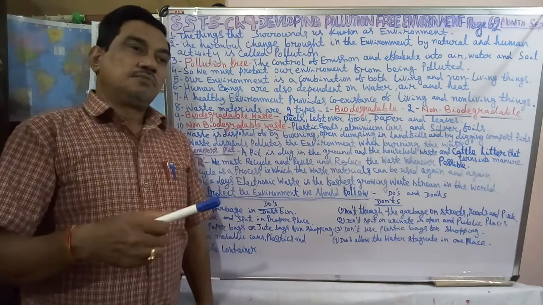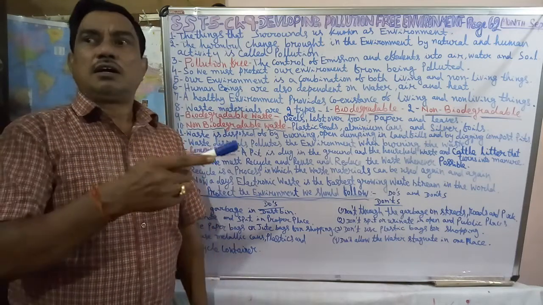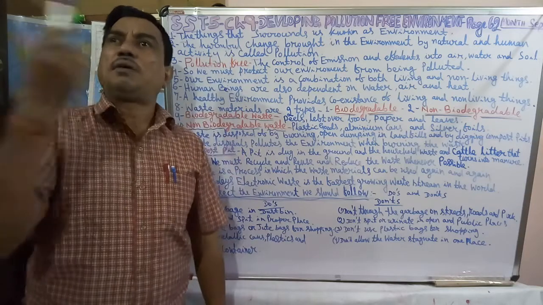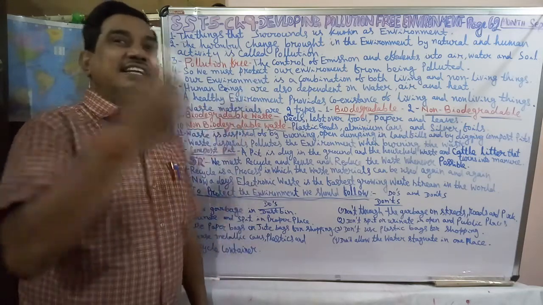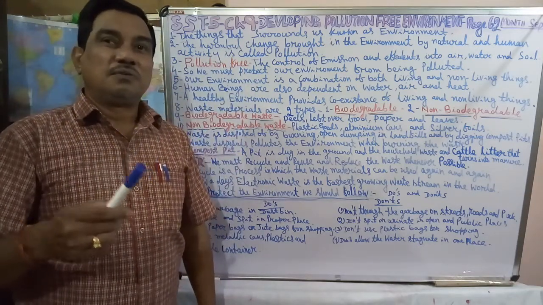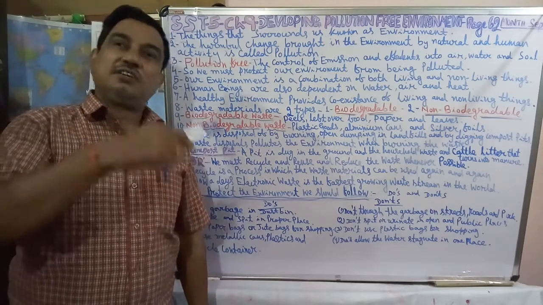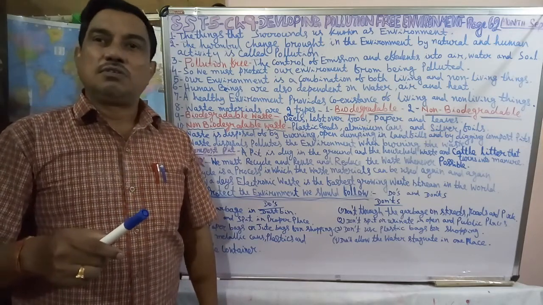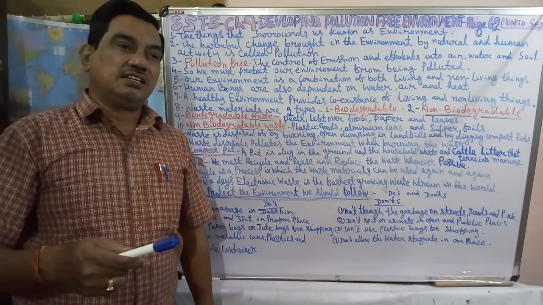So the kabadiwala take all the things from our home and recycle them. We don't know what they are doing; they send them to the godown where they are recycled.